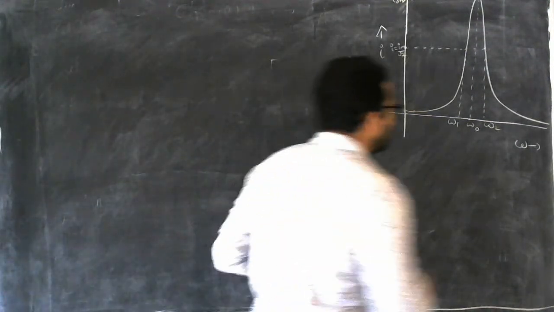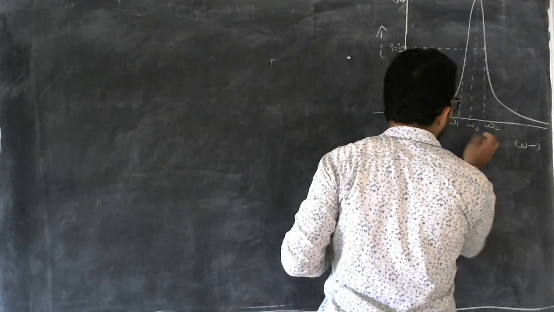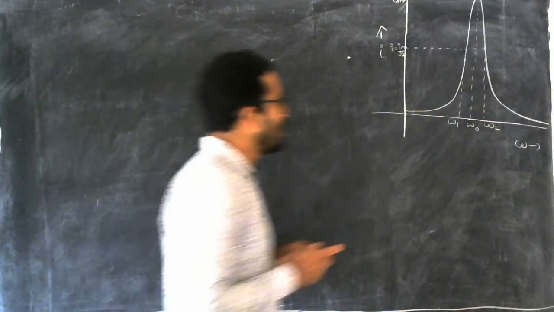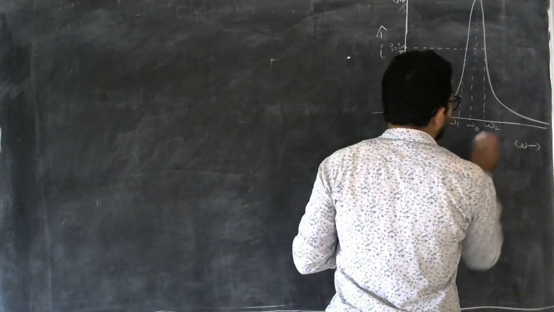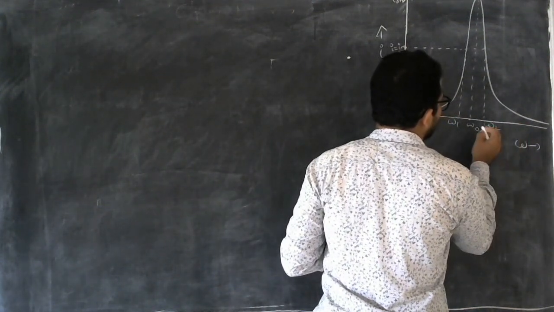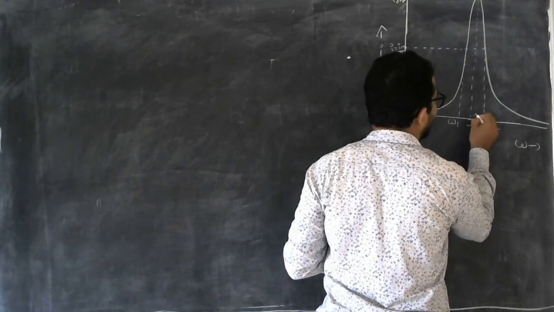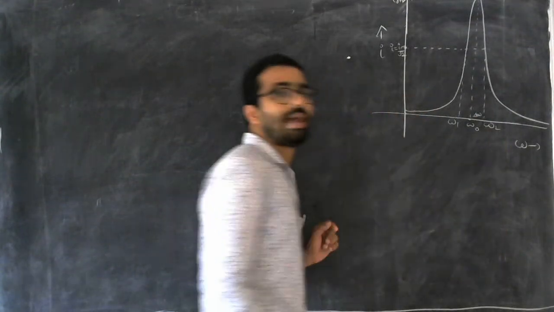Then what is the range of these frequencies? How do we call that? We need to understand. Let's say there is a difference between omega naught and omega 2. Let's call it delta omega.